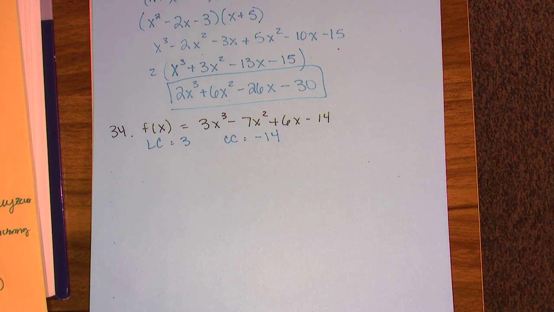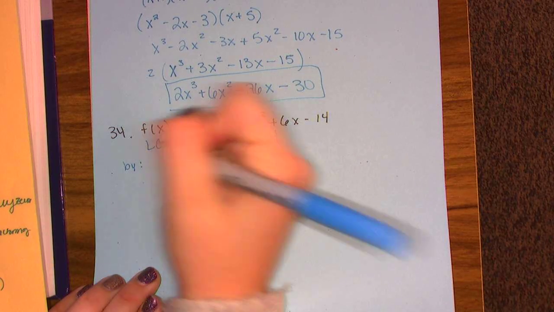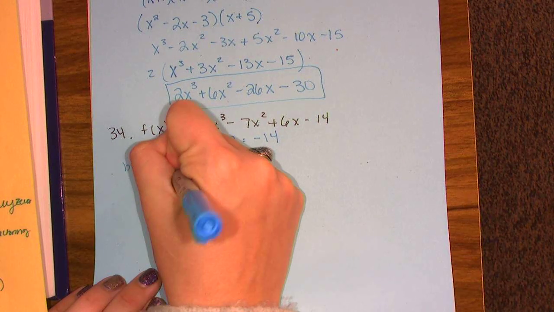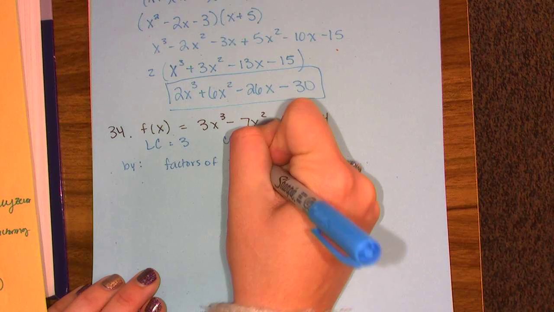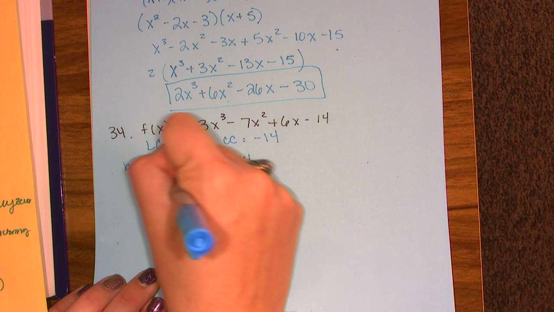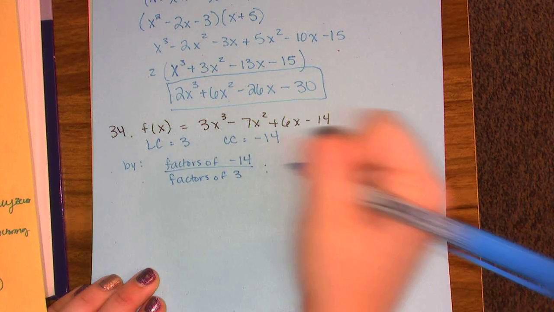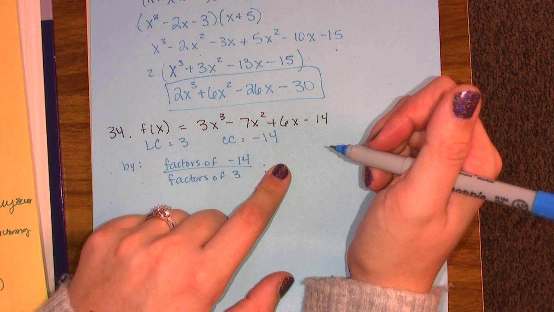So by the theorem, we have potential zeros. We do the factors of -14 on top over the factors of 3 on the bottom. So what are my factors of -14?